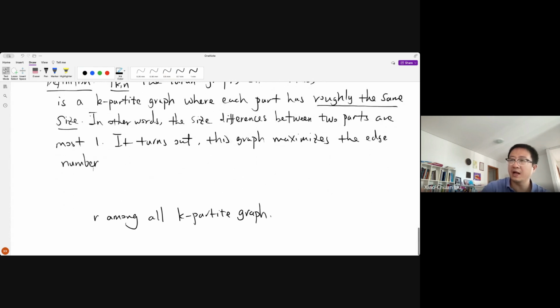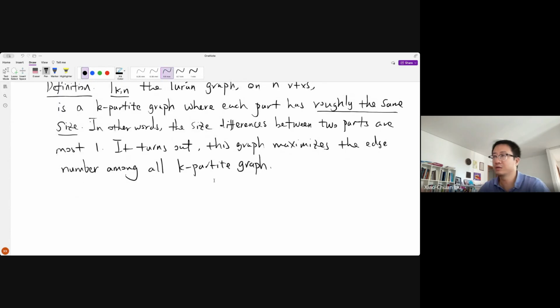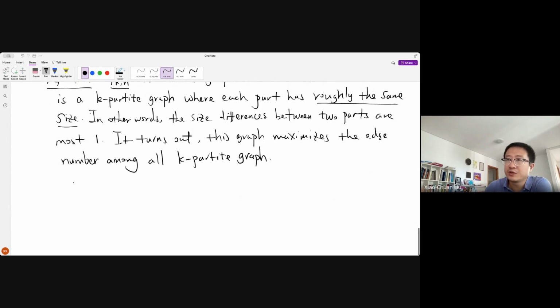If you remember last time, we talked about the extremal number of K3. It's basically n squared over 4. If you don't remember this notation, it's fine.